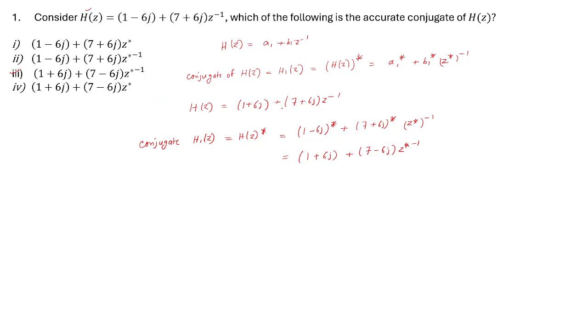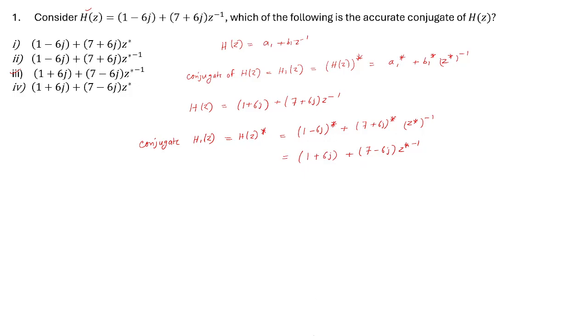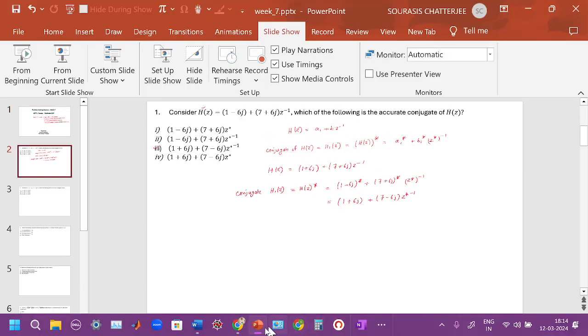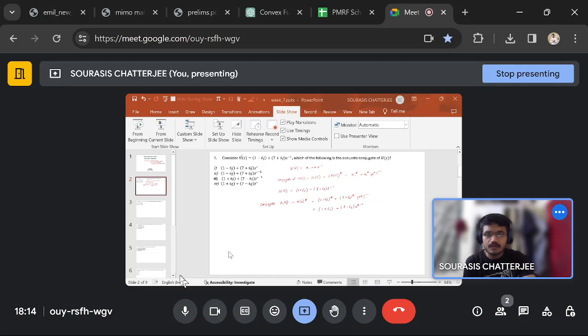Therefore the accurate conjugate of A(z) is given as 1 plus 6j plus 7 minus 6j times Z star inverse. Okay, everything is fine.